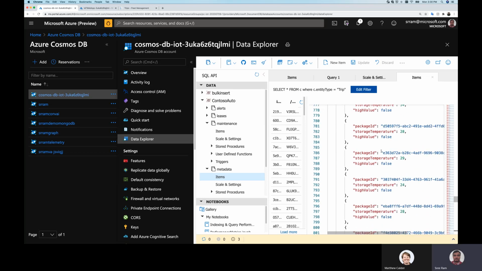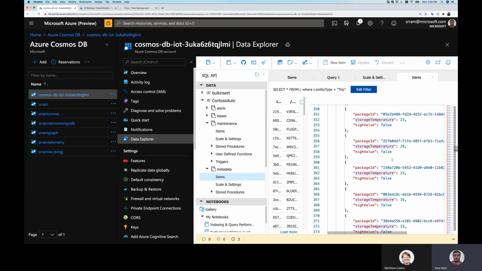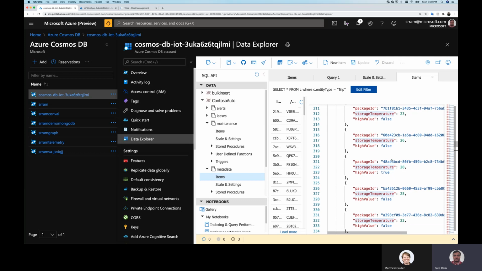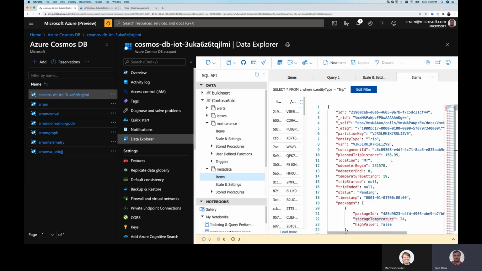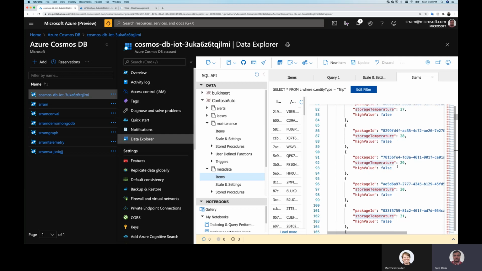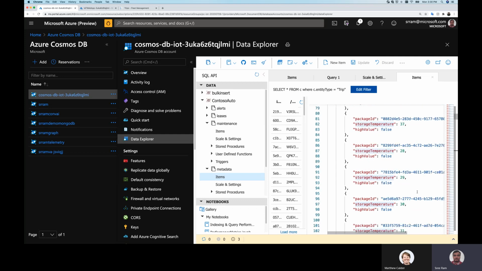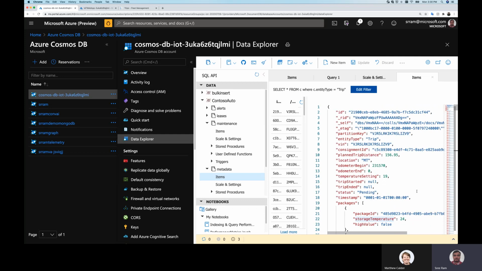So with the bare minimum information that is needed, all I need for this trip is what is the minimum temperature I need to maintain in my truck for this kind of package. So if I have two refrigeration units, I distribute these into two different refrigeration units and then track that as real-time telemetry.